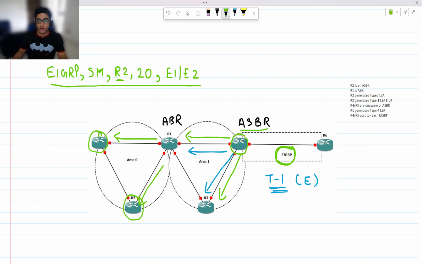Because there is no such information about how to reach R2 to go to the external network. Now, when R1 forwards this LSA number 5, it also forwards something called a type 4 LSA.